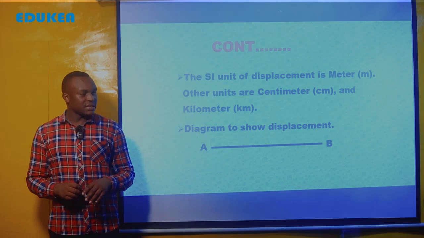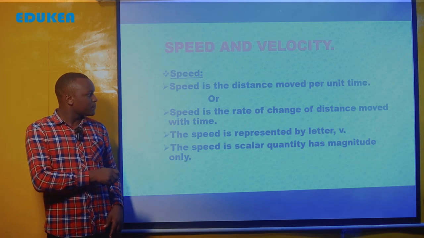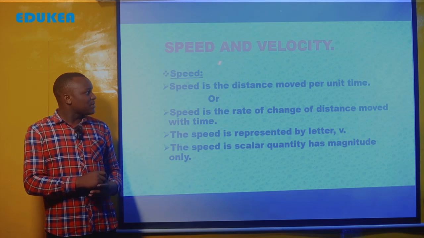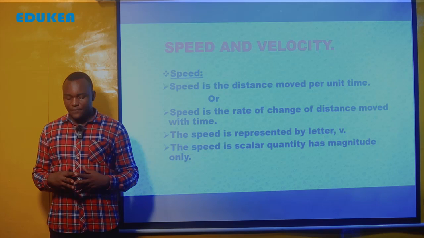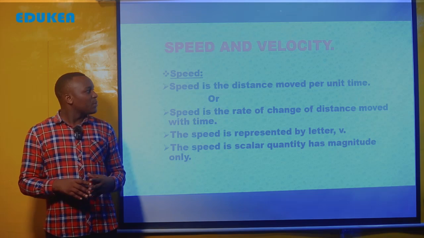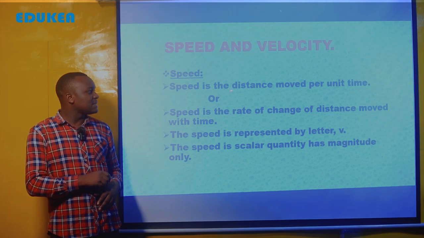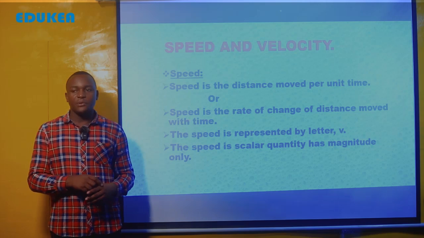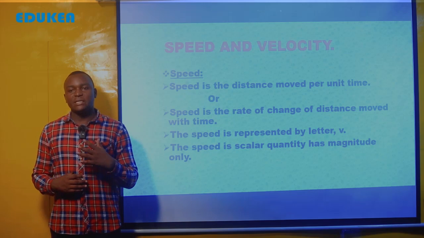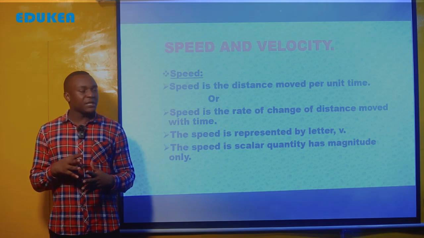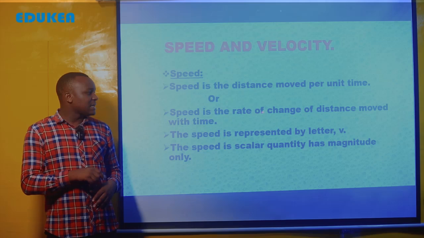So now let's consider speed and velocity. Speed is the distance moved per unit time. So the distance moved by an object per unit time is what we call speed. Speed is the rate of change of distance moved with time.